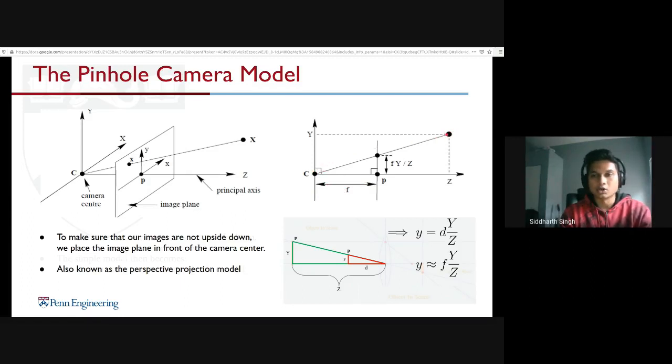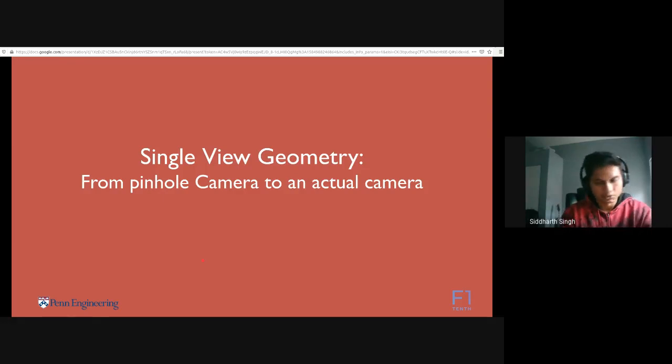So if I'm seeing an object which is, say, z distance away, and it is of height, say, y, then the height of the image itself will be fy by z, and the image will be formed at the focal length, that is the image plane, right? So basic optical physics that we have learned in high school, we stem off from that pinhole camera model and the lens model and go on to an actual camera, right?